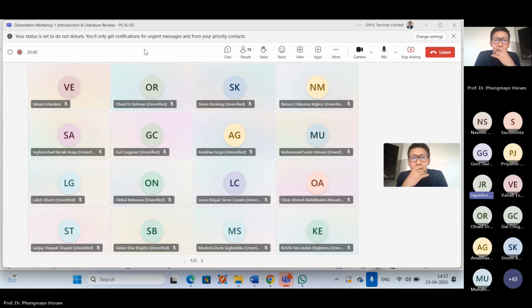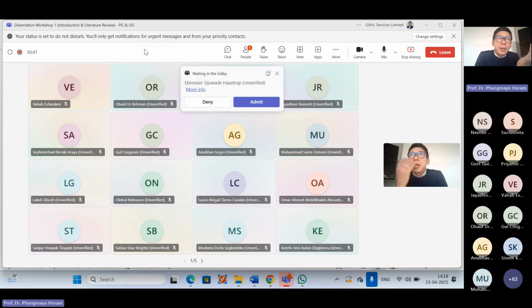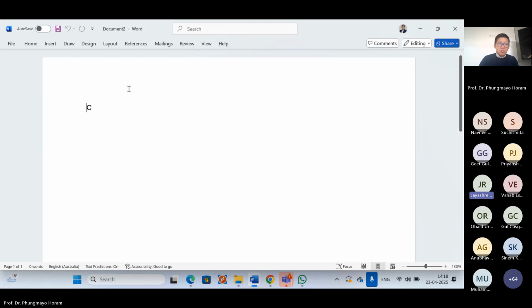The research question. Research question, gap analysis. And where does the research question come from? The problem statement.